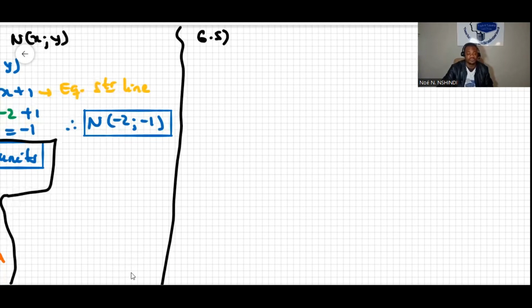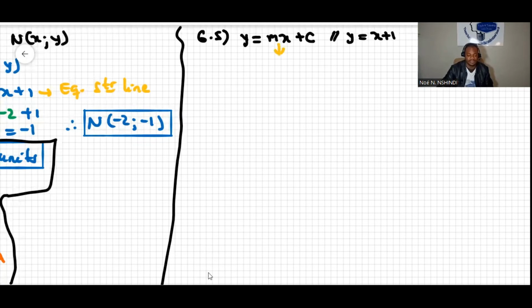Remember, the tangent line is a straight line of the form y equal to mx plus c. Now, it is said that that tangent line is also parallel to y equal to x plus 1, the straight line. So let me just put a comment here.